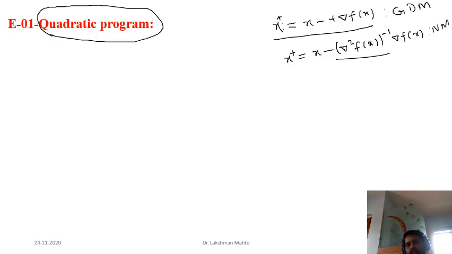So if I ask how the derivation is coming, it is coming with respect to a quadratic approximation of the function. We have a function f. Our actual problem is to minimize an unconstrained optimization problem, that means we are minimizing f of x.